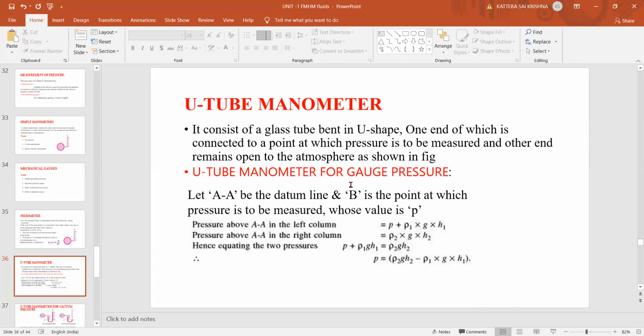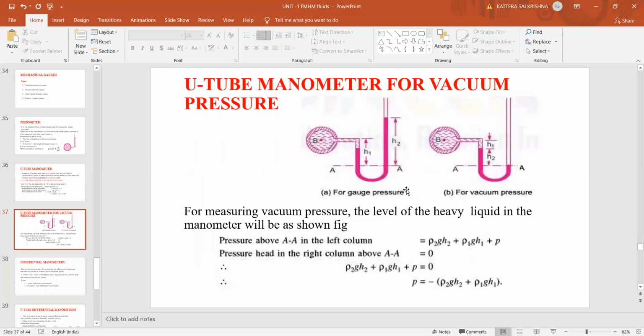Already in the experiments we have seen the U tube manometer, which is used for finding the pressure. Right. A U-shaped tube is connected to the pipe where we need to find the pressure. So this is the U tube manometer. It is the same thing, but there is a small difference here in this head you can see. So that I will tell you.